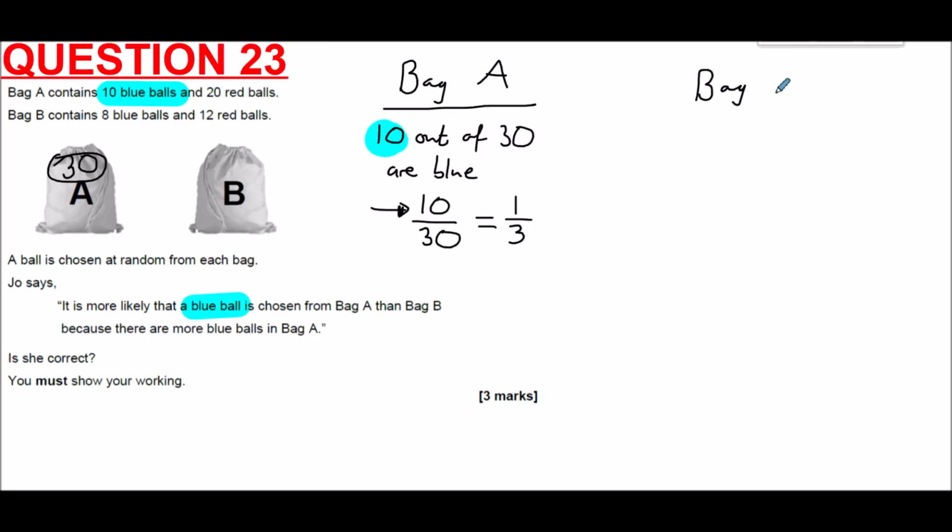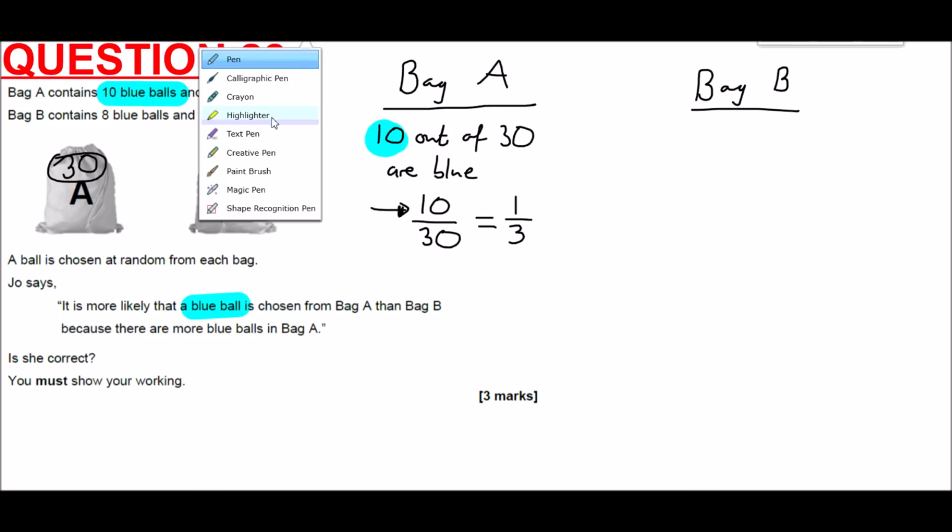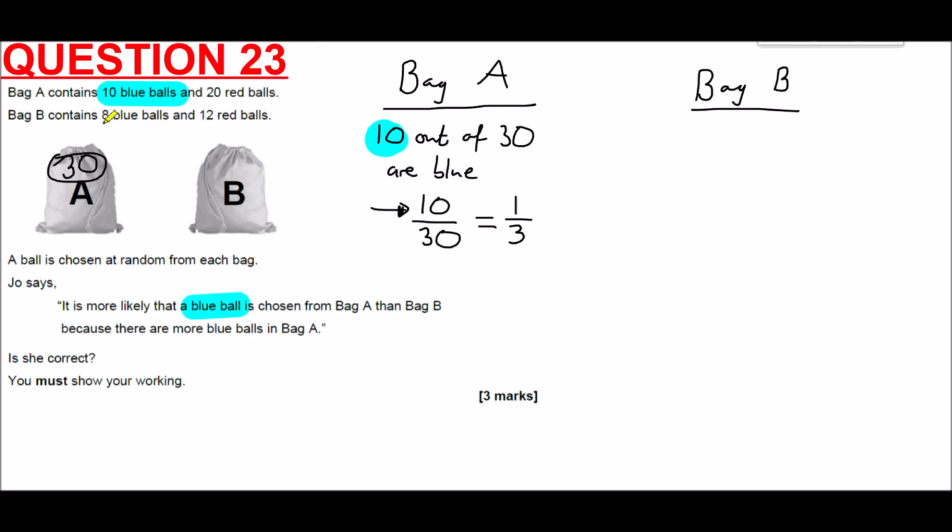Let's compare that to bag B. Now bag B doesn't have as many blue balls, like the question mentions. In fact, bag B just has 8. But bag B has 8 blue balls and 12 red. 8 plus 12 means bag B has a total of 20 balls.